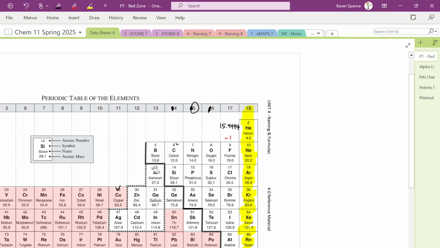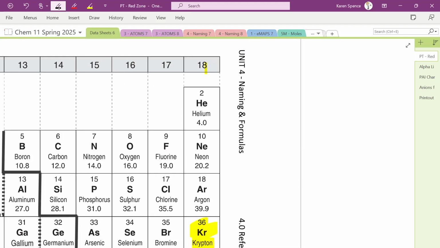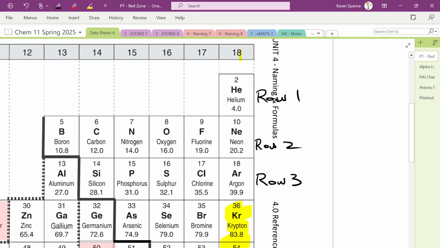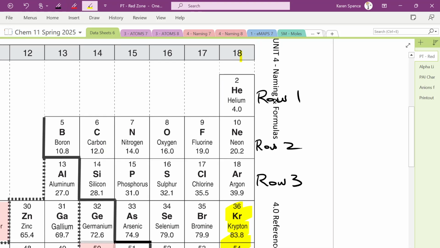get rid of all this. We have helium in row 1. This is row 2. This is row 3. So if I said to you, can carbon have more than 8 electrons?